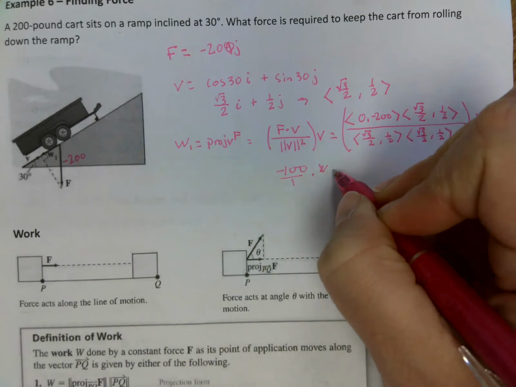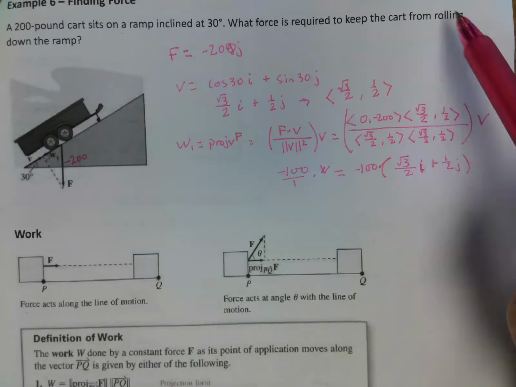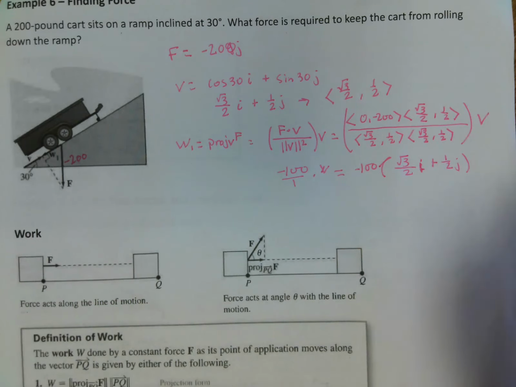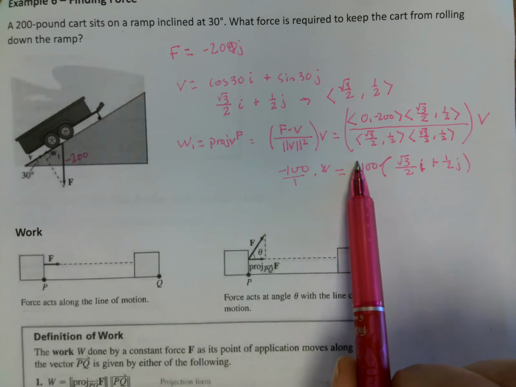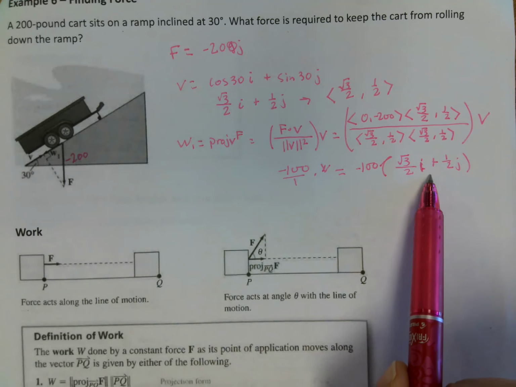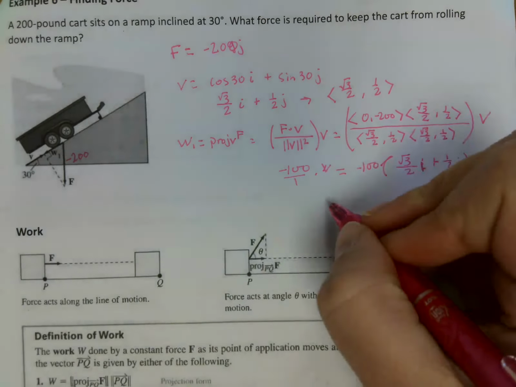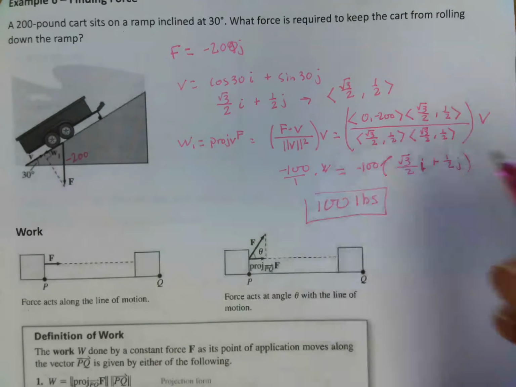But it's asking what force is required to keep the cart from rolling down the ramp. So in this problem, our w sub 1 is this negative 100. That's our magnitude to keep this cart from rolling down the ramp. When we're talking about negative, that just means it's moving down. That means we need 100 pounds to keep it from rolling down the ramp.